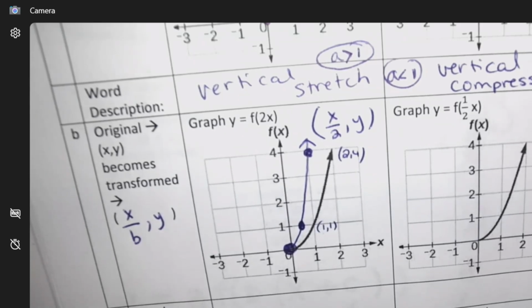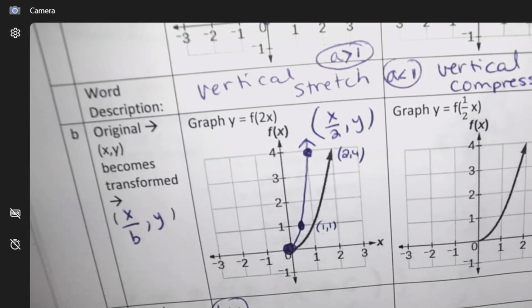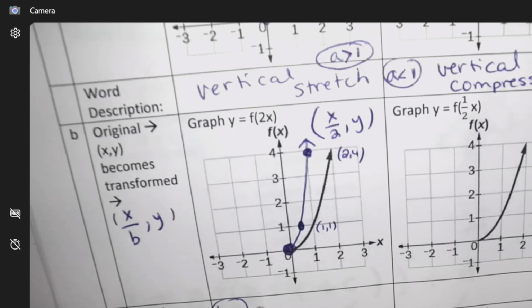Do you guys know what the instrument an accordion looks like? Like this? When you're pushing an accordion, that's what I'm doing to the points. I'm pushing them in to the x-axis. Does that make sense visually? Okay, so if b is bigger than 1, so this was 2, it's going to be, do you know what the opposite of vertical is?